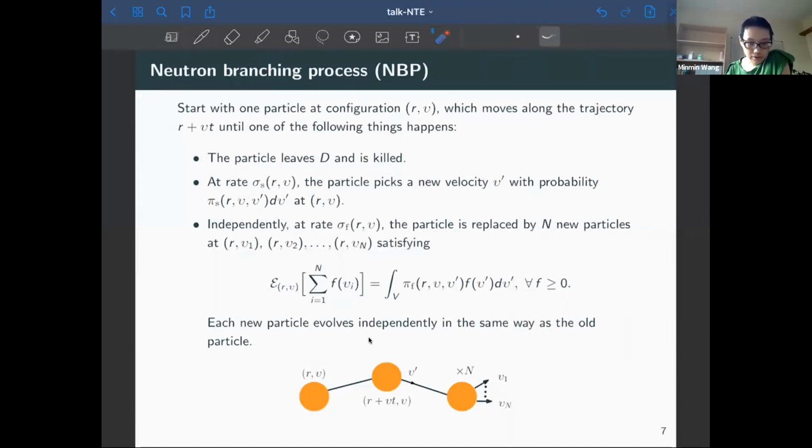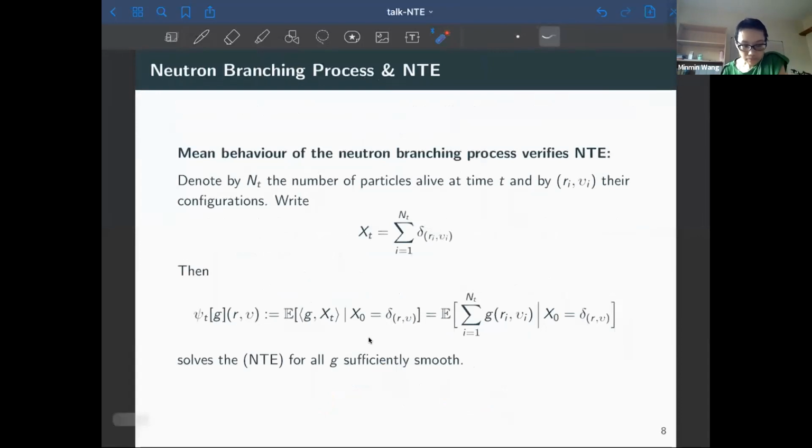What's the connection with the neutron transport equation? It turns out that the mean behavior of the neutron branching process verifies the NTE. More precisely, let N_t be the number of particles, or neutrons, which are still alive at time t in the system, and let r_i, v_i be their configurations. I put a unit mass at each of these configurations, and this gives me the empirical measure of the system at time t.